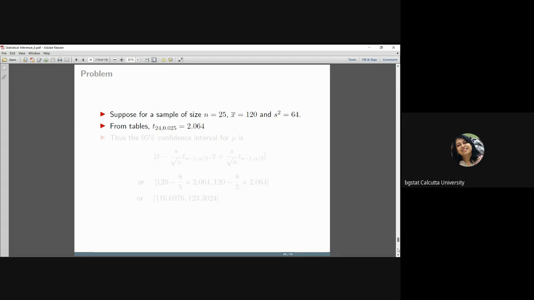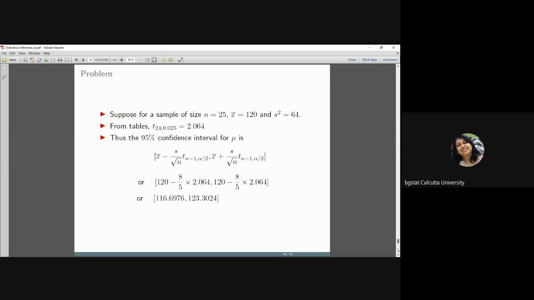And I also need the probability of alpha by 2. If I assume alpha is 5%, which means that I want a 95% confidence interval, alpha by 2 will be 0.05 by 2, which is 0.025. It's possible to look this up from tables or software, and it turns out that this value is equal to 2.064.